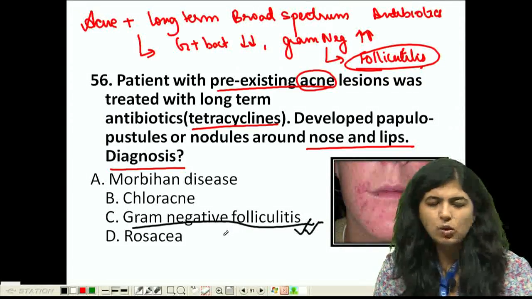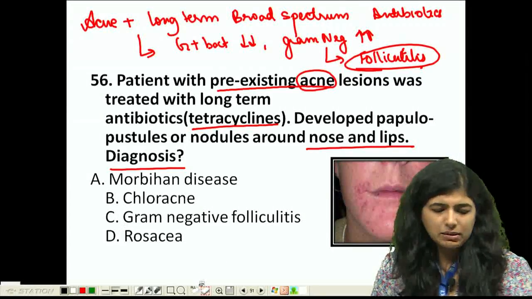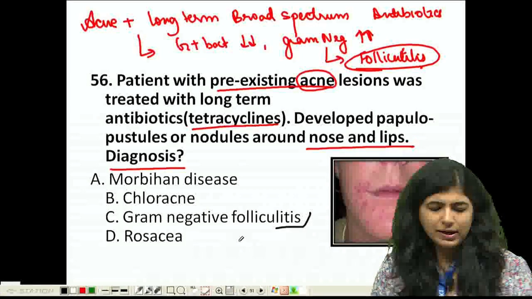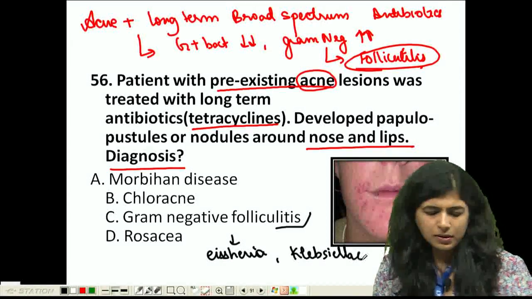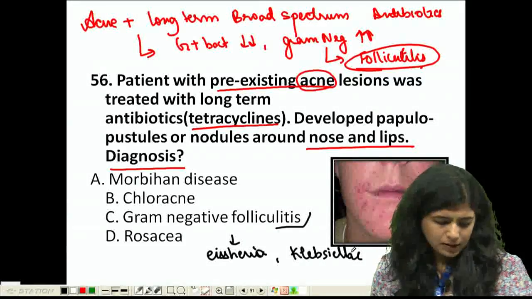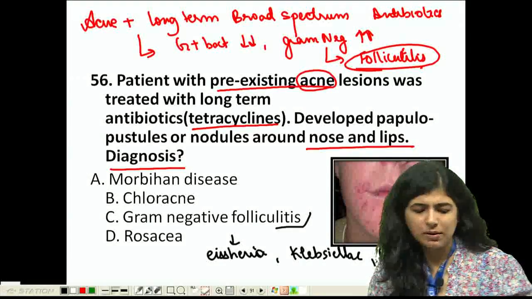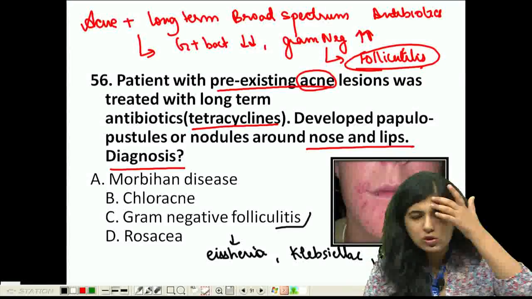This is the result of giving long-term unregulated antibiotics for acne. It is caused generally by gram-negative organisms like Escherichia, Klebsiella, or Proteus mirabilis. So this is the most common cause.